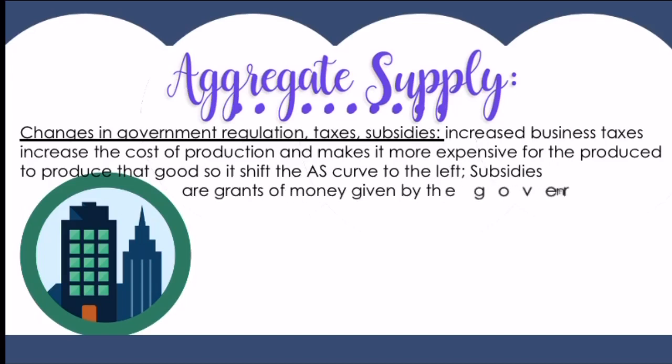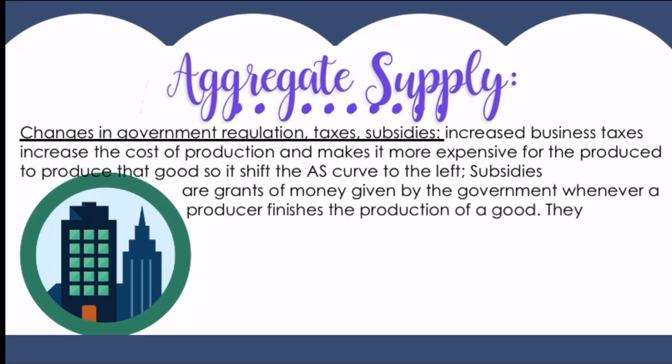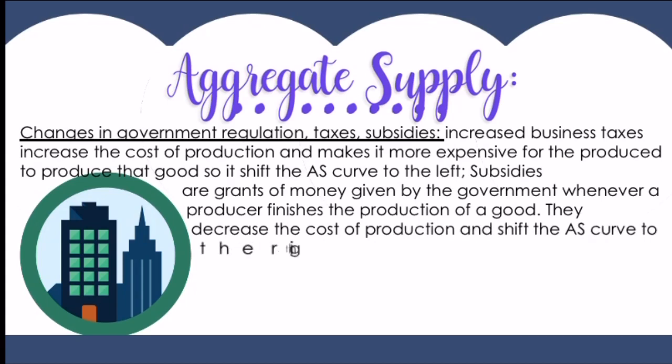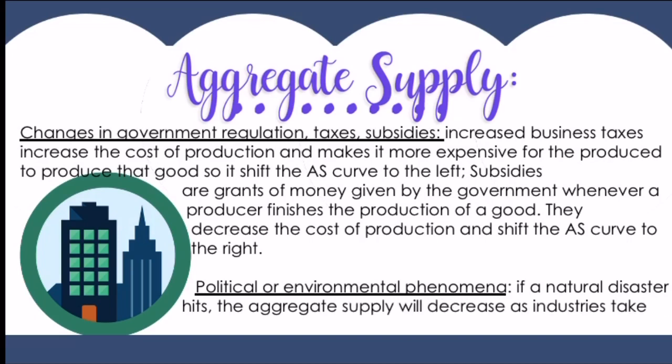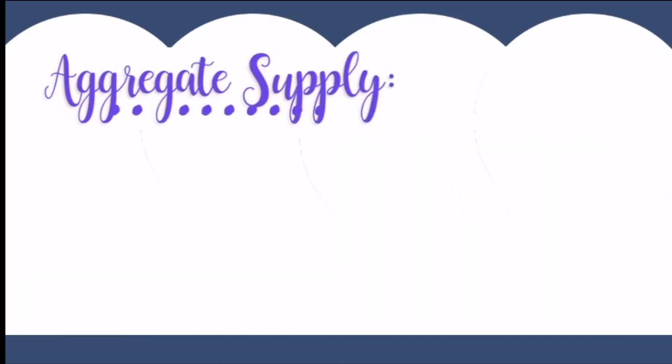Subsidies are grants of money given by the government whenever a producer finishes the production of a good. They decrease the cost of production and shift the AS curve to the right. Political or environmental phenomena. If a natural disaster hits, the aggregate supply will decrease as industries take time to recover.